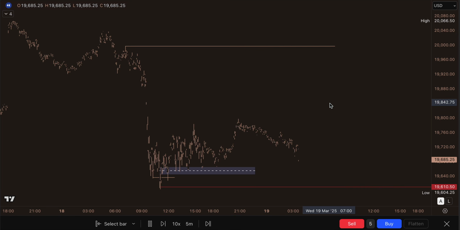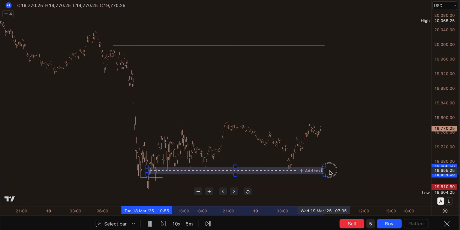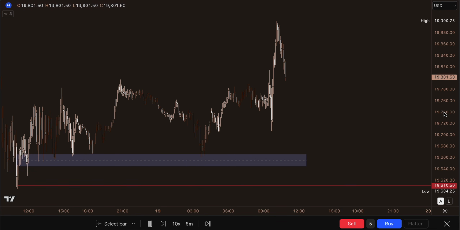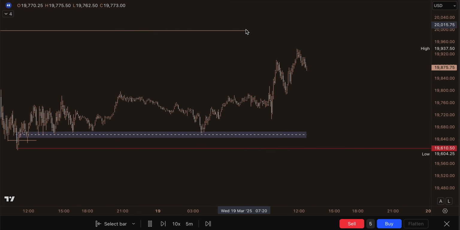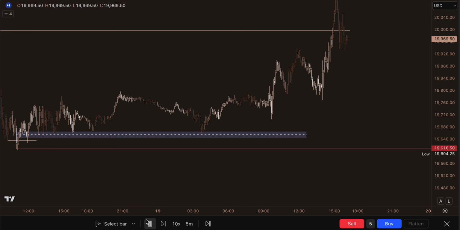Doesn't matter how long it takes. Notice our invalidation zone hasn't been touched. We're going to keep seeing it. Low swept, and we've taken the high.